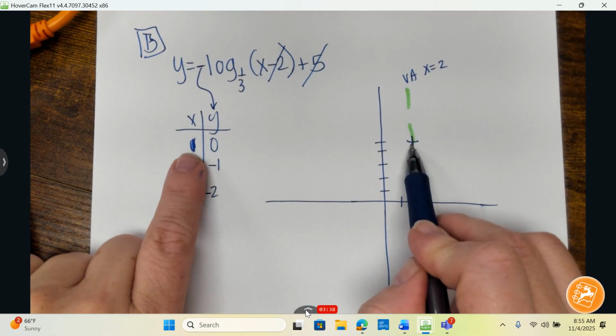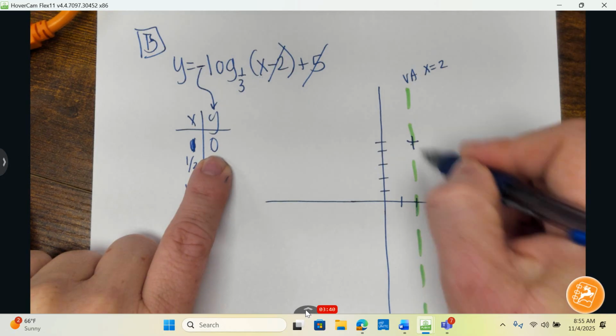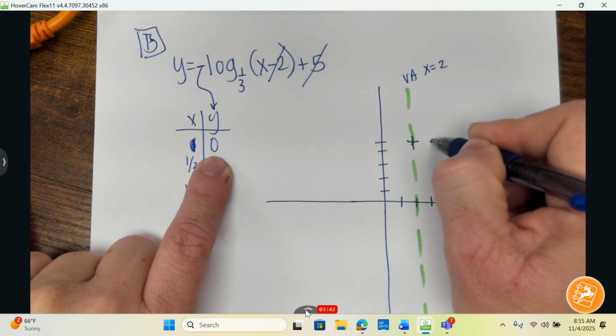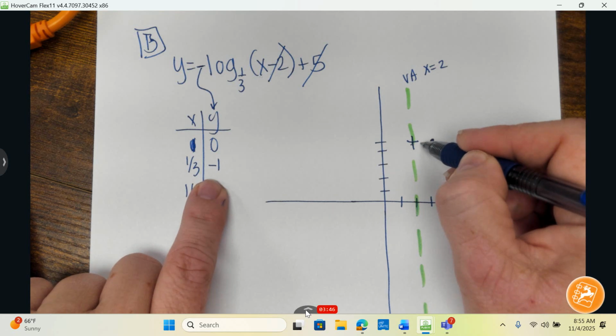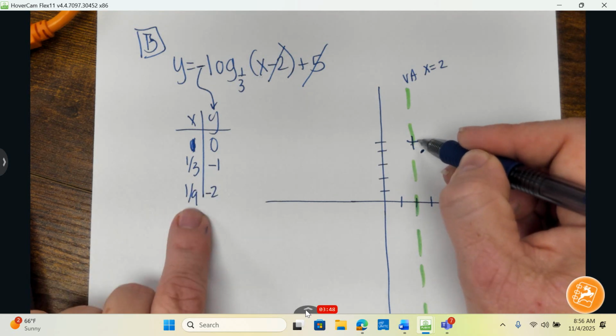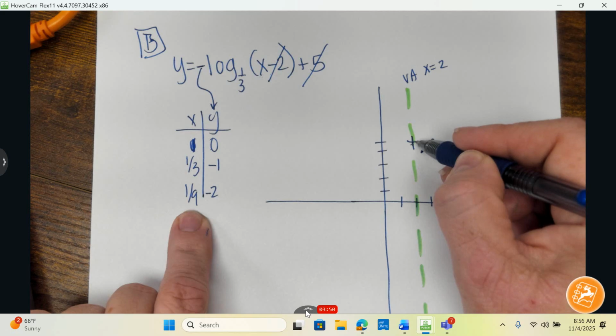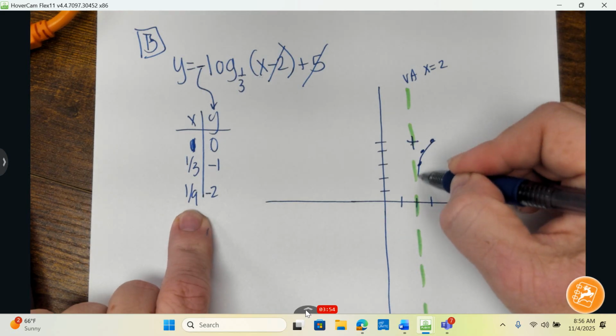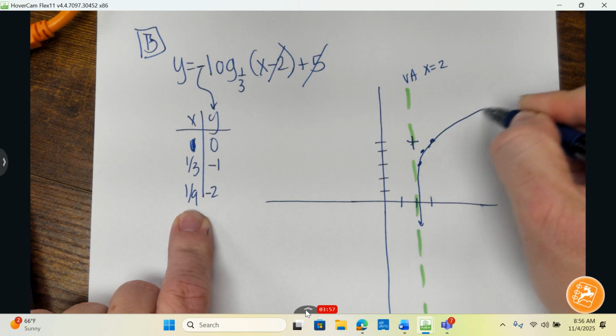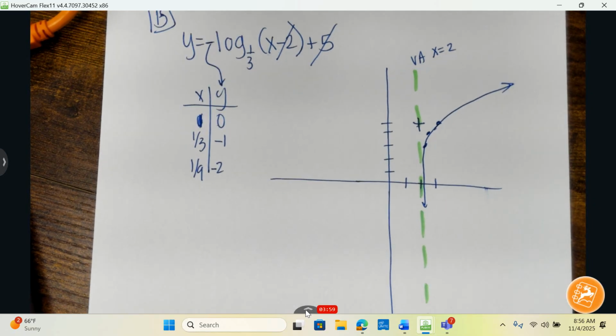So from this position, I'm going to go 1, 0. So I'm going to move over 1, 1, 0. Done. Then I'm going to move over 1/3, which is really hard to do, and I'm going to go down 1. And I'm going to move over 1/9, which is barely anything over, and I'm going to go down 2. And we can see this time it's headed down and getting closer and closer to that vertical asymptote, but it's never touching it.